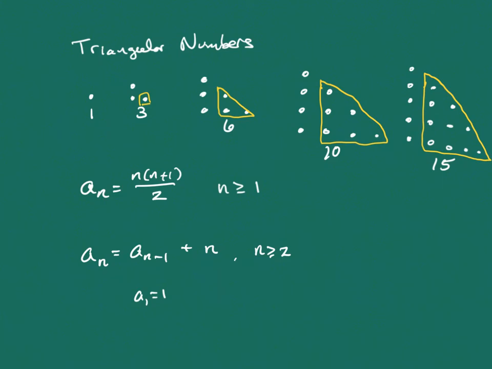And so I can get either a recursive form, or I can get a closed form for my triangular numbers.